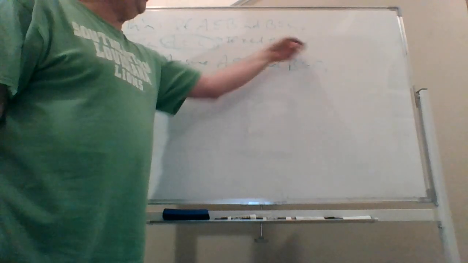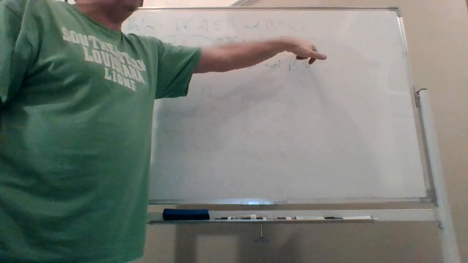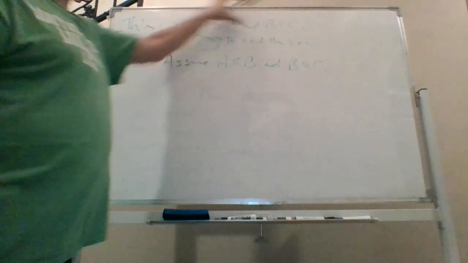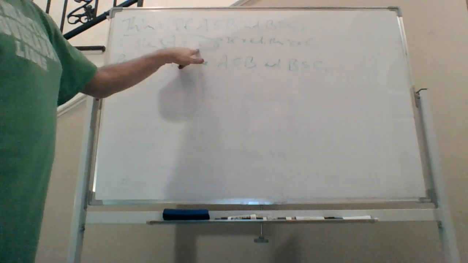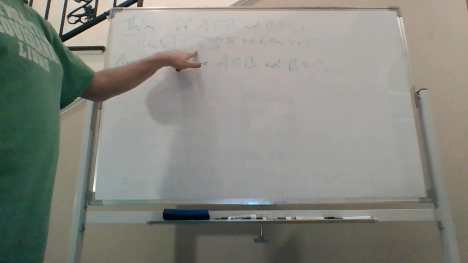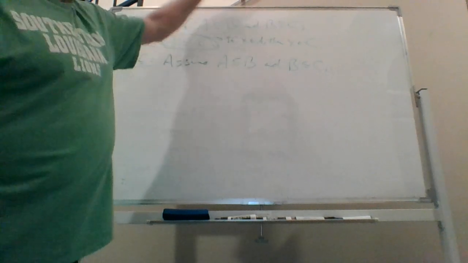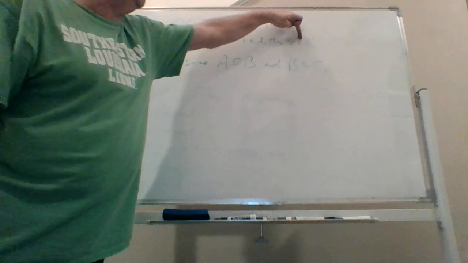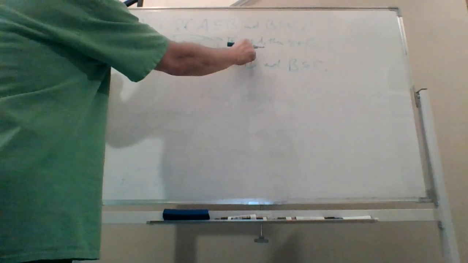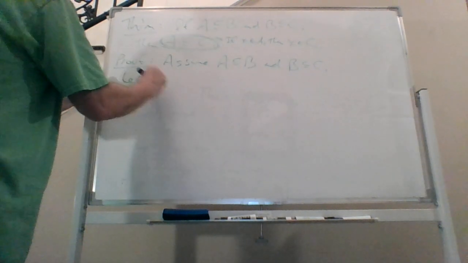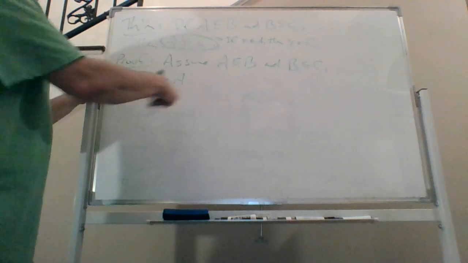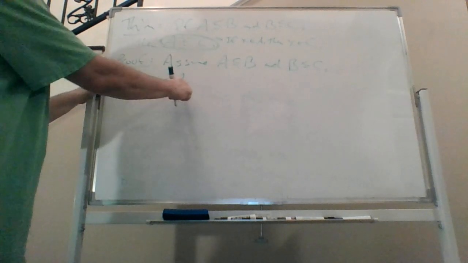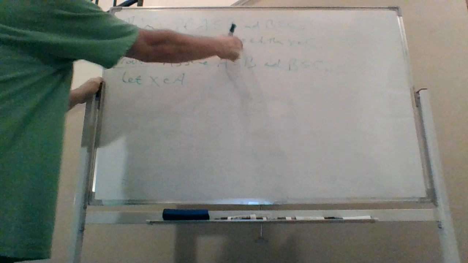Now, how do you prove an if-then statement? You assume the if part, and then you show the then. So to prove the giant if-then statement, I assume this, and I need to show this. But to show A is a subset of C, that's the definition: assume X is in A, show X is in C. Okay, so let's assume something, there's an element in A. So let X be in A. Anybody that knows this already, as soon as I put let X be an element of A, they know I'm doing this.